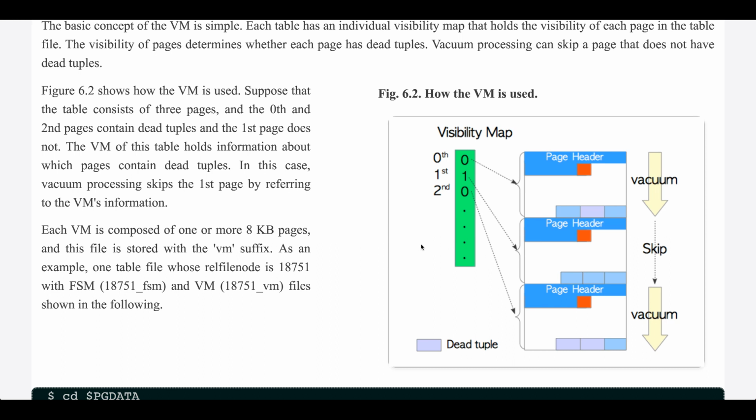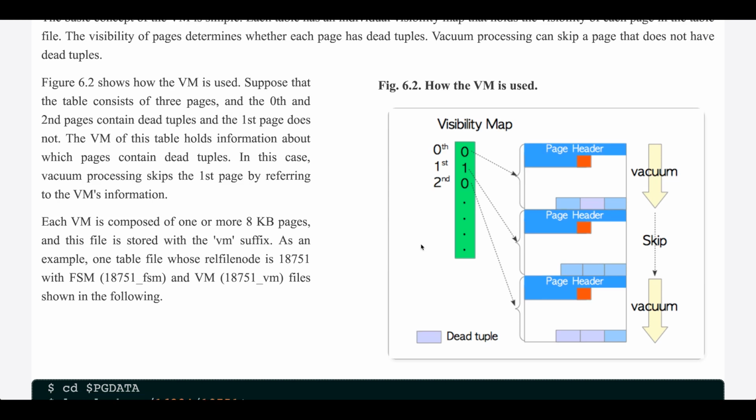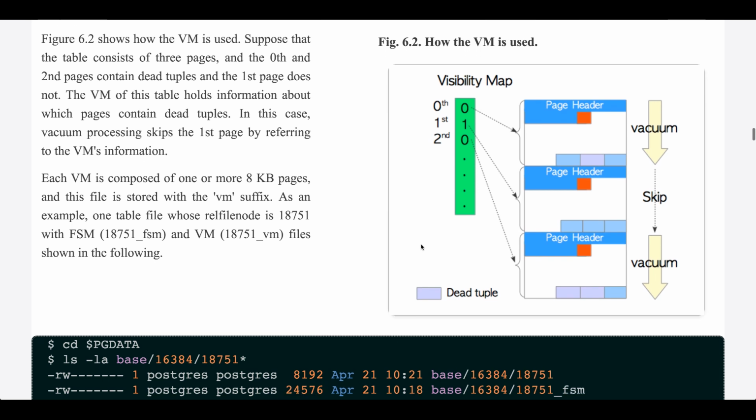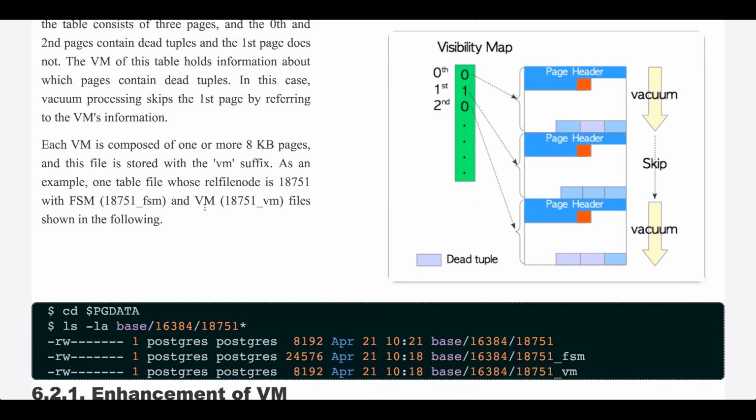Each visibility map is composed of 1 or more 8 kilobyte pages, and this file is stored with the _vm suffix. As an example, one table file whose relfilenode is 1875.1 has a free space map, 1875.1_fsm, and visibility map, 1875.1_vm, files shown in the following.